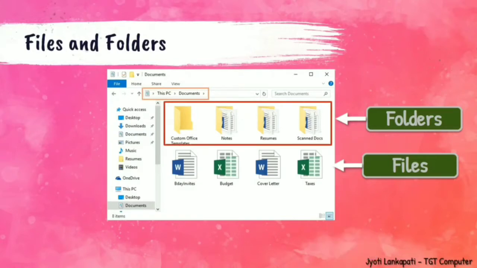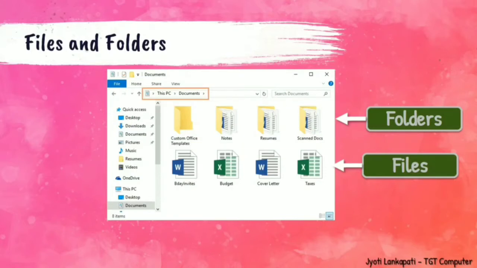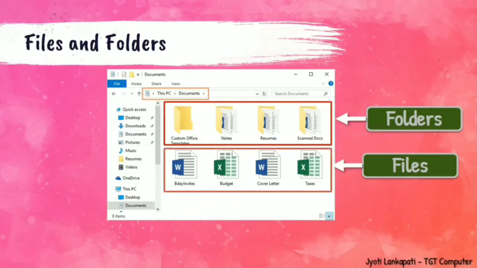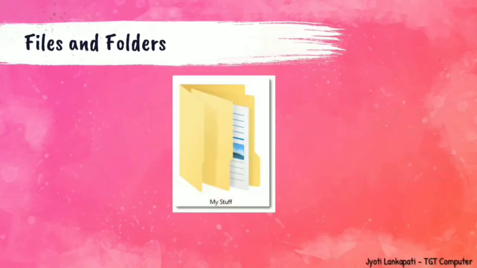As shown in the figure, all the icons that are yellow in color are folders, and the icons that are not yellow are all files. So there is a difference between files and folders.